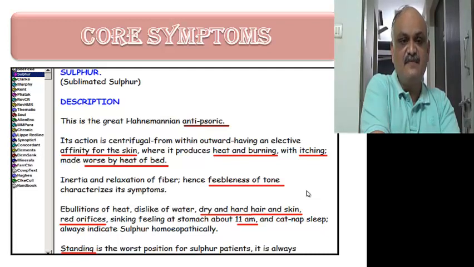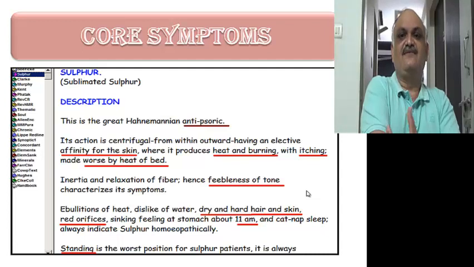Heat and burning, as in Belladonna. Here also heat and burning. Itching, worse by heat of bed. Feebleness of tongue. Dry and hard hair and skin. 11 am aggravation. Red orifices, redness. Standing aggravation. So this is Sulfur.